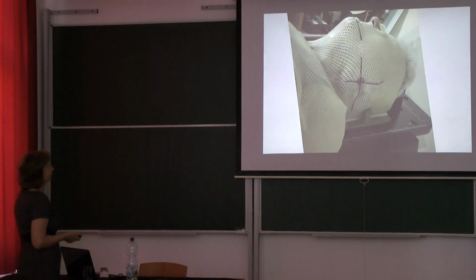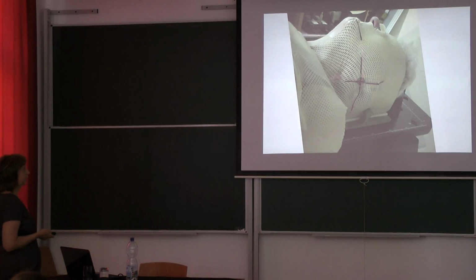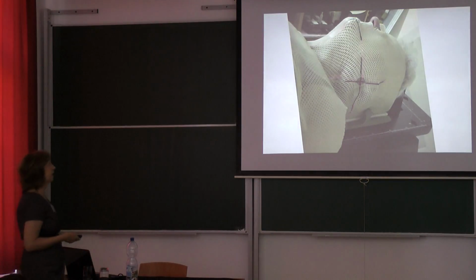So some examples. This is a head and neck irradiation, and these are radiopaque markers which can be identified in the planning system and which help us to define the treatment geometry.